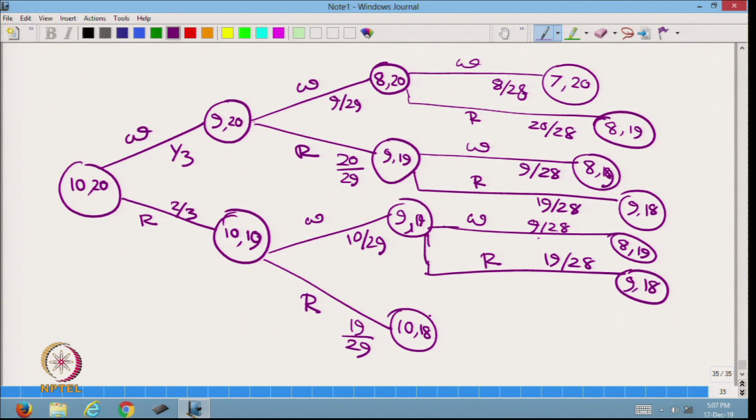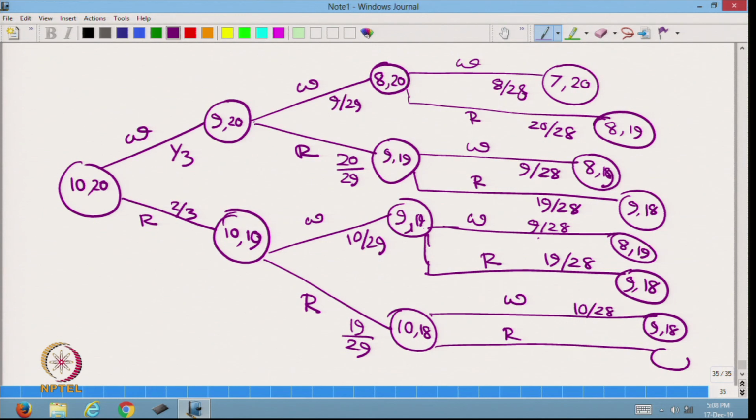And similarly, from here, if it is a white, then the configuration is 9, 18, and that probability is 10/28, and similarly for red, it is going to be 10, 17, and that probability is 18/28. So, this is the picture.